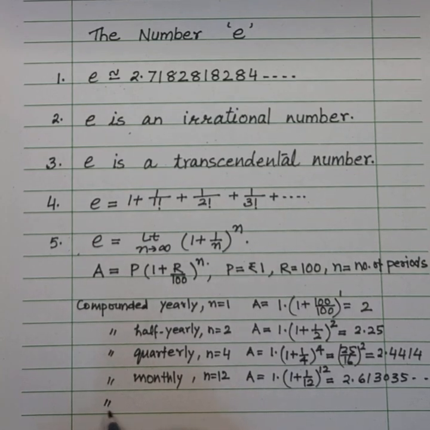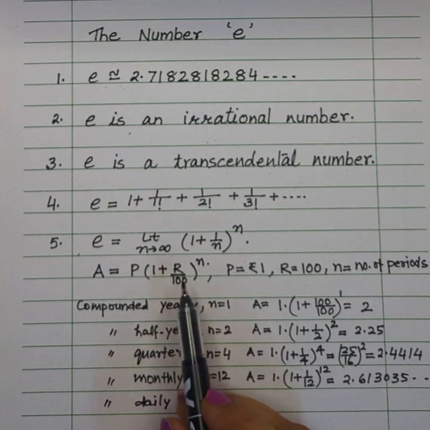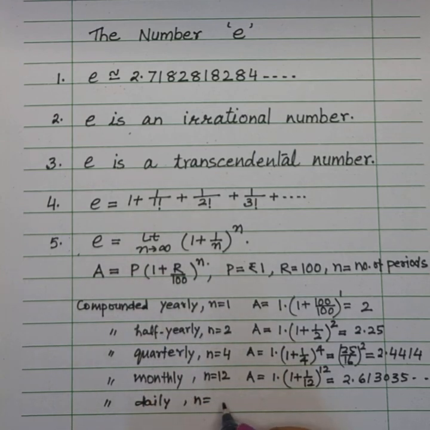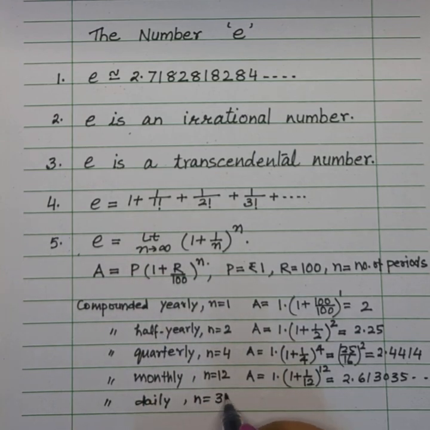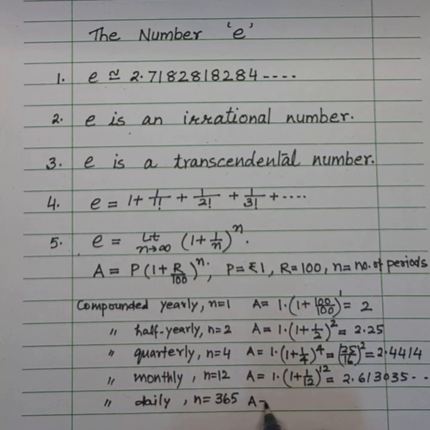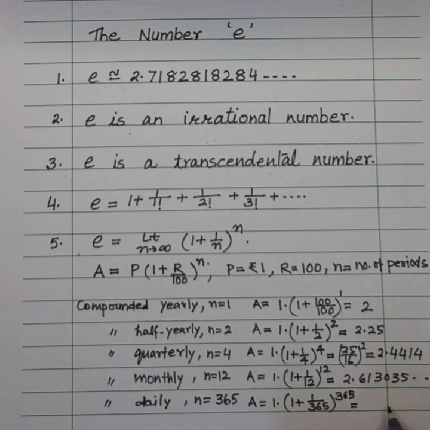If it is compounded daily, see, I am increasing the value of n because I am explaining n tends to infinity. So I am increasing the value of n. If it is daily, n is 365 and A is (1 plus 1 upon 365) whole raised to the power 365.